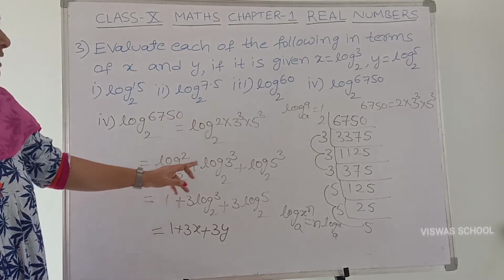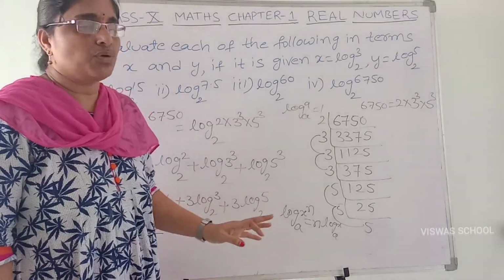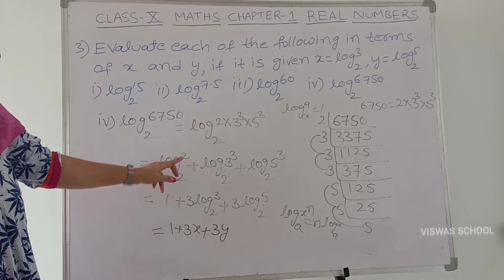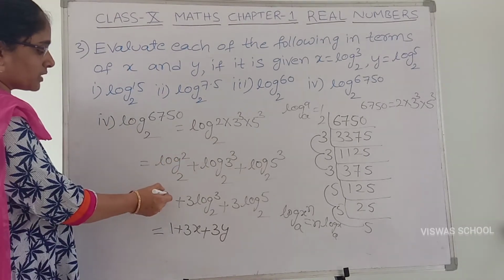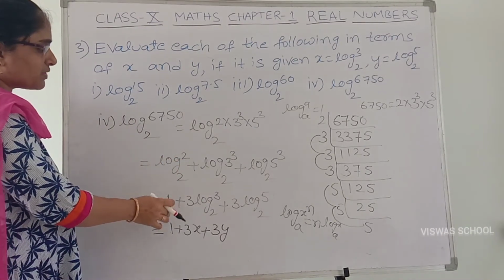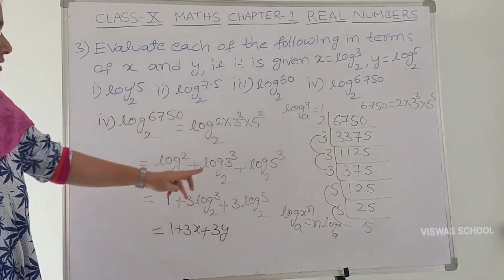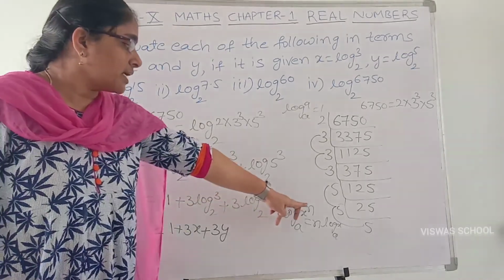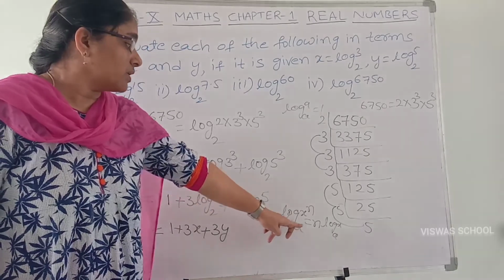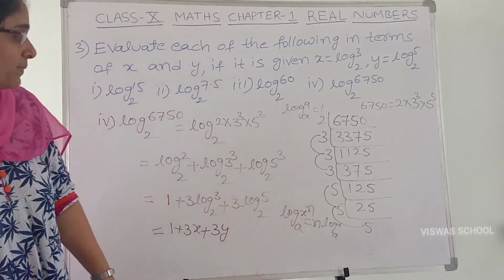Log 2 base 2, that is log a to the base a equals 1. In that form, log 2 base 2 value is equals to 1. And next one is here log 3 power 3 base 2, that is log x to the power of n base a equals n into log x to the base a.